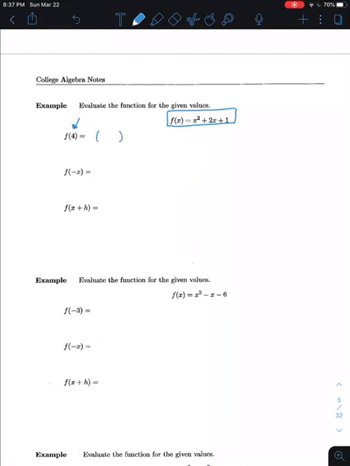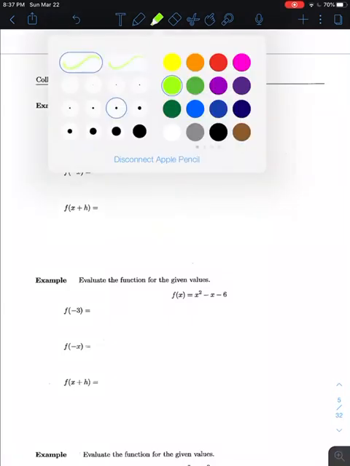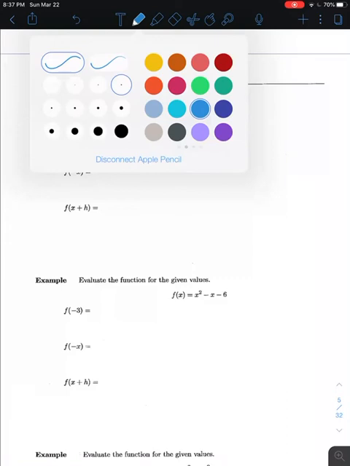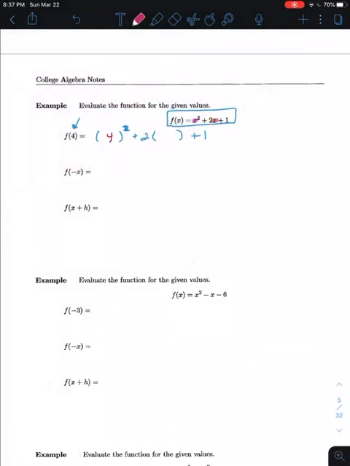So I'm going to take this equation, which is x squared, but I'm not going to write the x. I'm going to leave a blank space and put parentheses squared plus 2 times parentheses plus 1. Everywhere there's an x, I'm going to replace that x with a 4 in this example. So in place of those parentheses, I'm going to put in a 4.